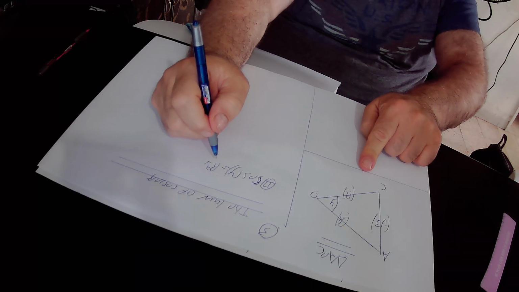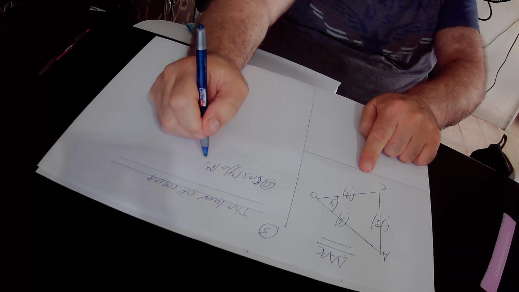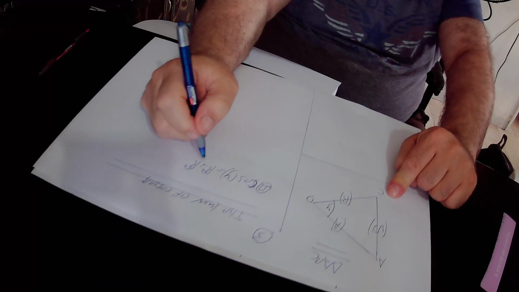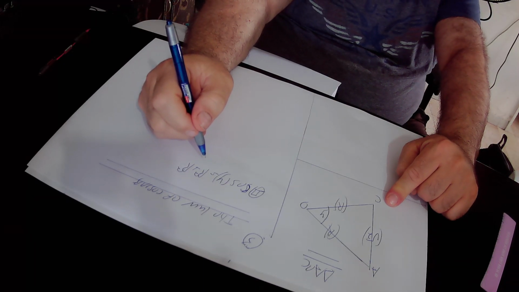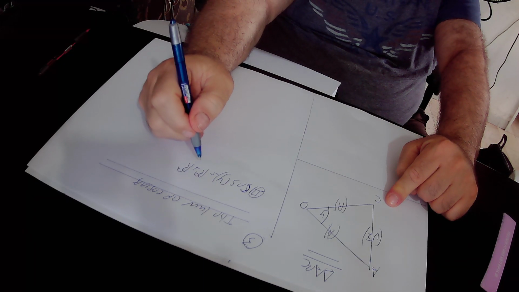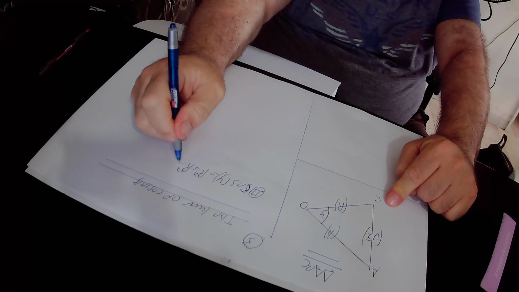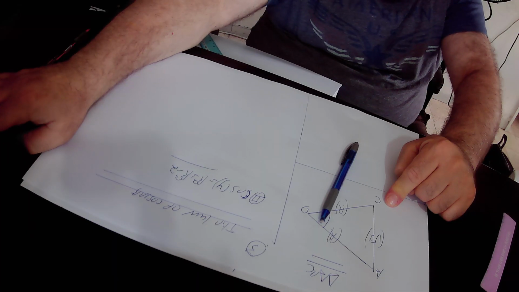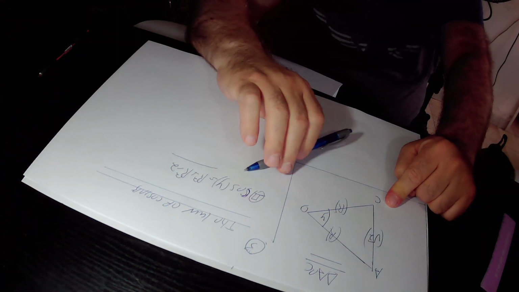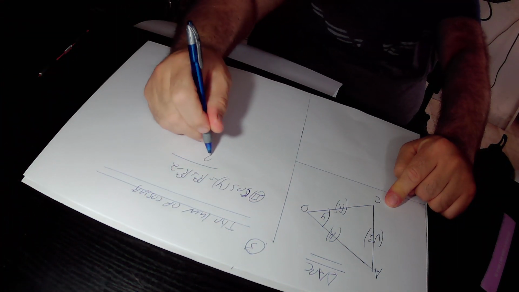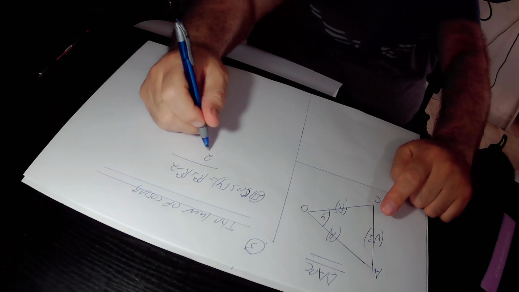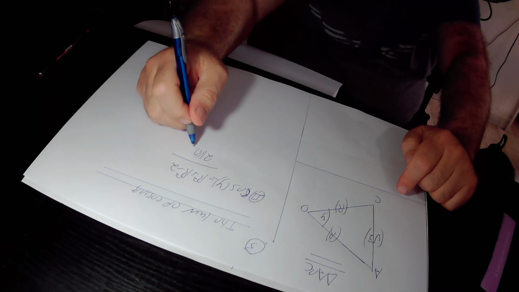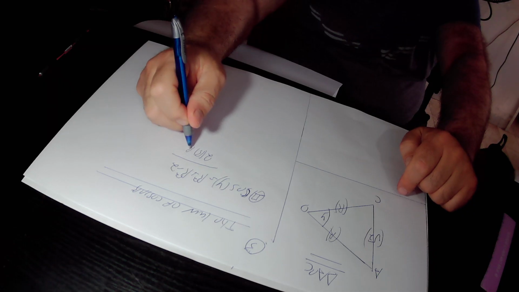OC is also R, therefore OC square is R square, minus AC square. AC is square root of 2, therefore AC square is square root of 2 square, that is 2, so it is minus 2, divided by 2 times AO, which is R, times OC, OC is also R.